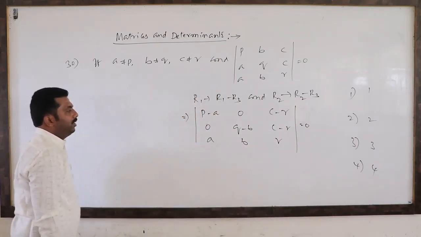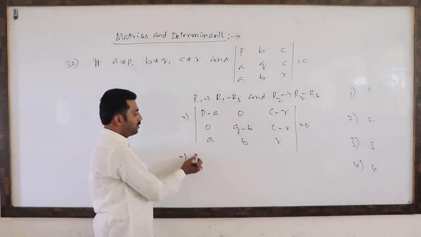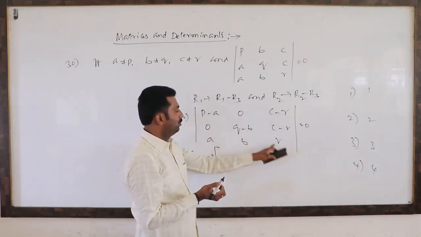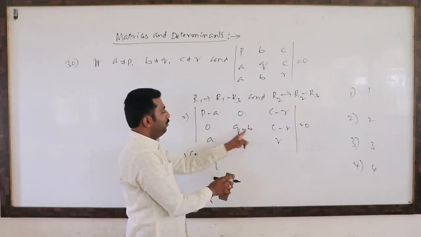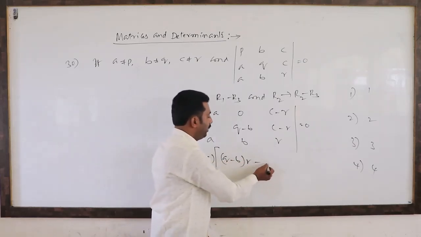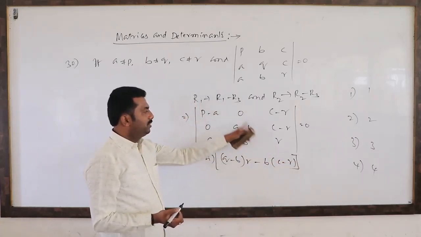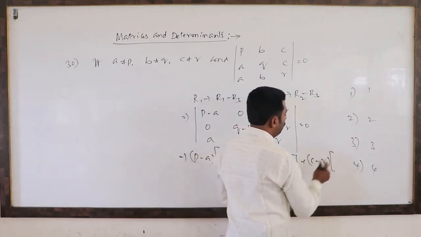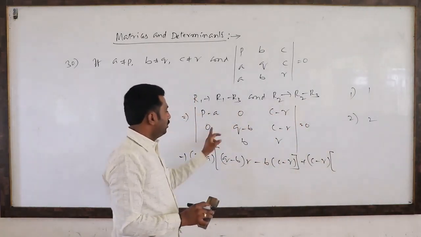Now you can expand any row or any column, no problem. So I am expanding along the first row: P minus A into, if you delete this column and this row, you observe this one, this is Q minus B into R minus B into C minus R. Minus 0 into something means 0, plus C minus R into, see here, if you close this column and this row, this is anyhow 0.